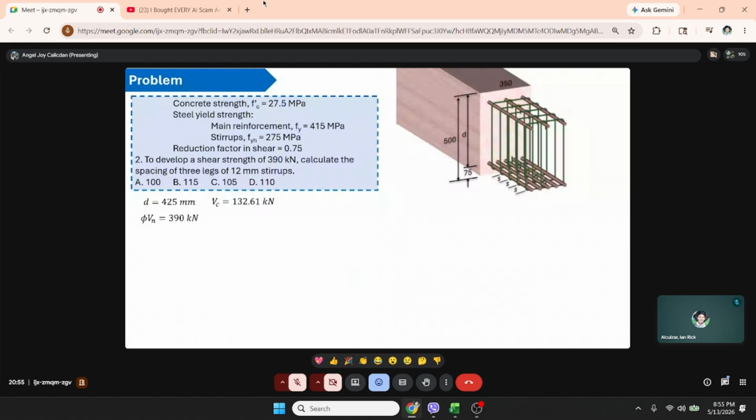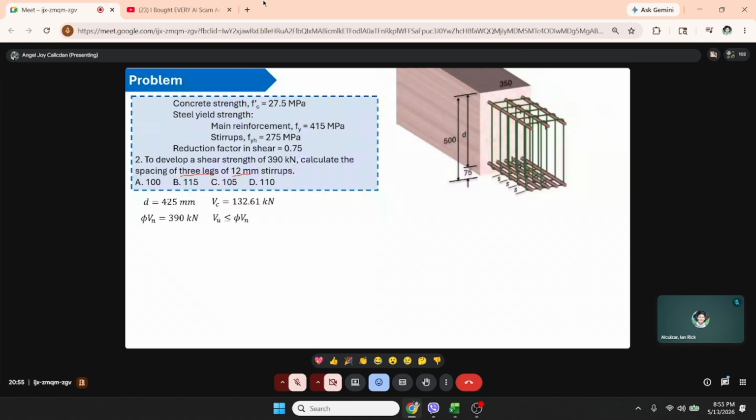And for part 2, given the shear strength of 390 kilonewton, we need to calculate the spacing of 3 legs of 12 mm stirrups. So, the shear strength is just phi Vn equals 390 kilonewton. And the design criteria is that ultimate should be less than or equal to design.